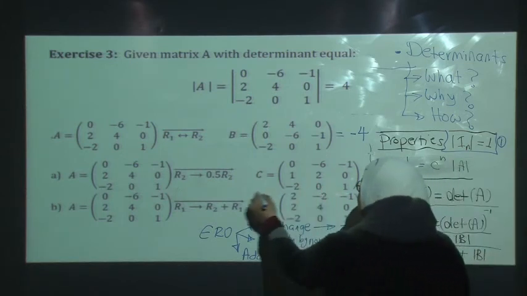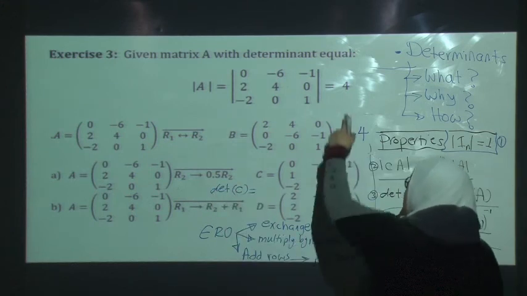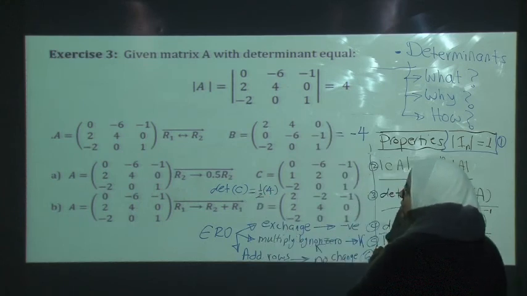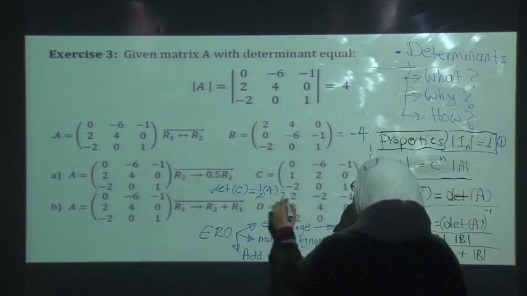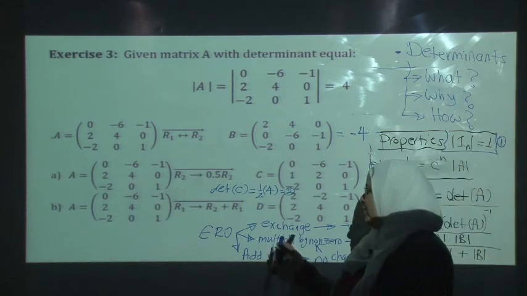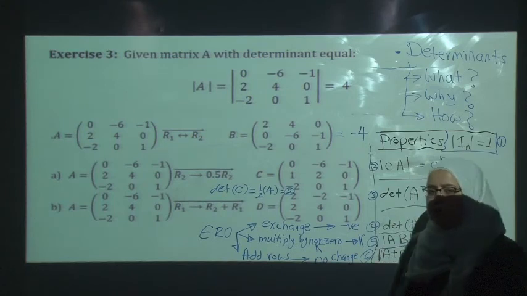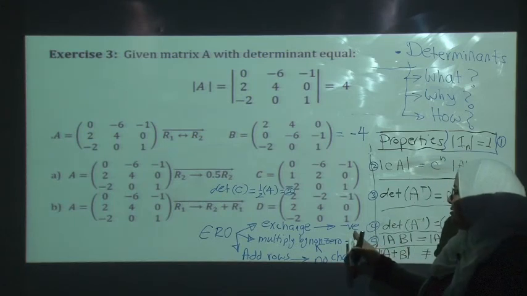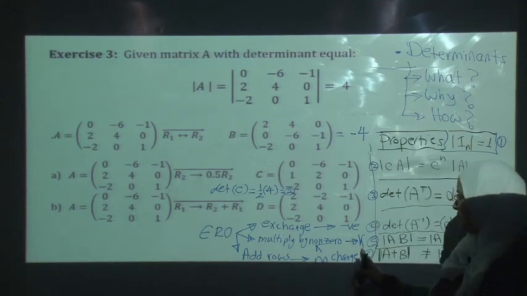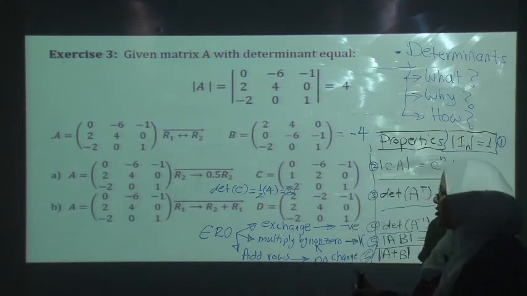So the determinant of C will be that one times 1/2, which will be what? Yes, 2. Exactly. So the first valid elementary row operation, exchanging two rows or two columns, affects the determinant with a negative sign. Multiplying by a non-zero constant multiplies the determinant value by that constant. Adding two rows actually has no change.